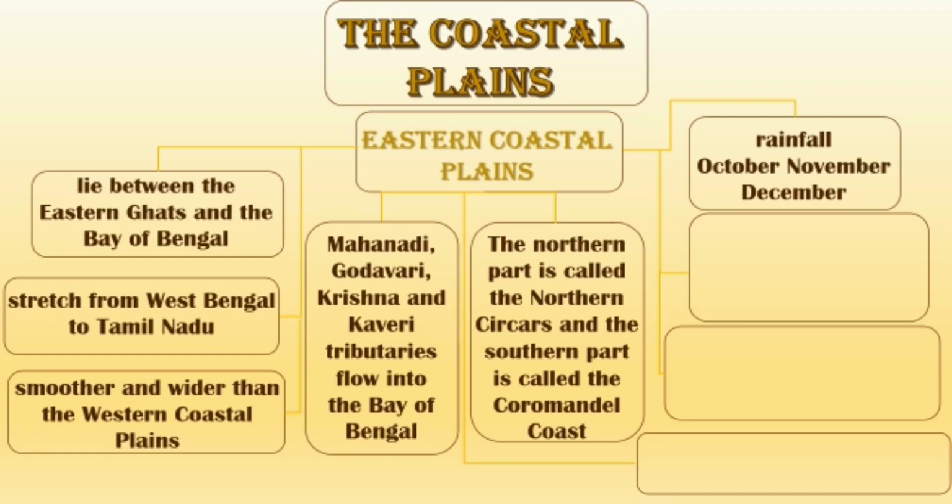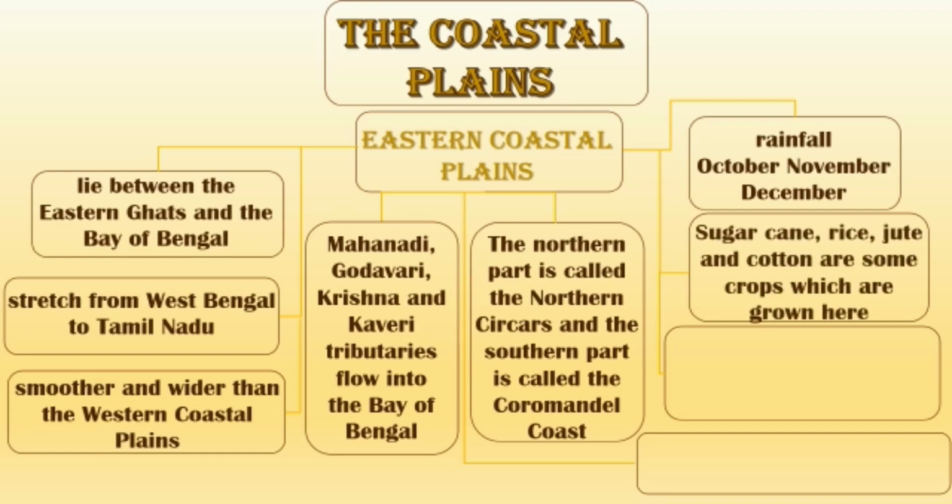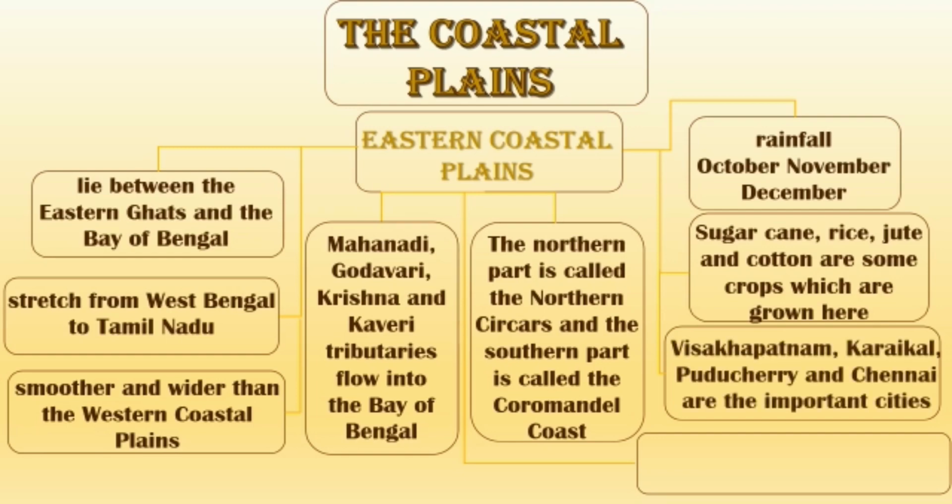Crops which are grown here: sugarcane, rice, jute and cotton. Visakhapatnam, Karaikal, Puducherry and Chennai are the important cities. Chennai and Visakhapatnam are well-known port cities of the eastern coastal plains.